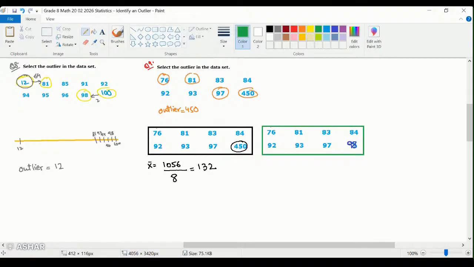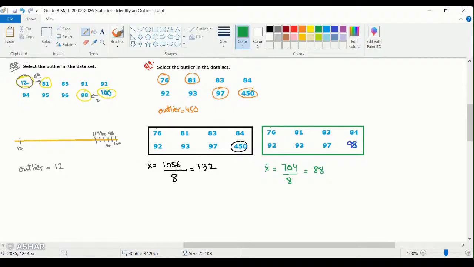We had the total 1056, so from this total I'm subtracting 450 and adding 98. My total comes out to be 704, divided by 8. And the mean is now 88.